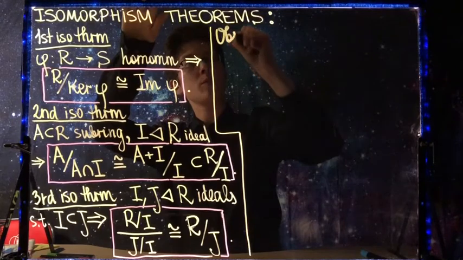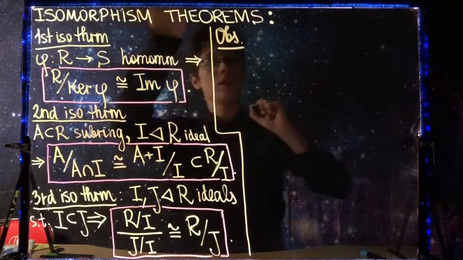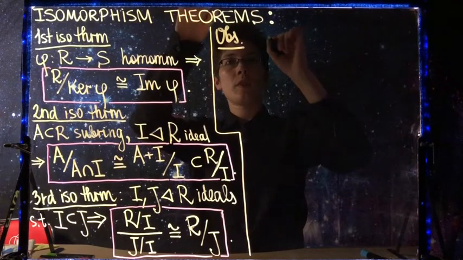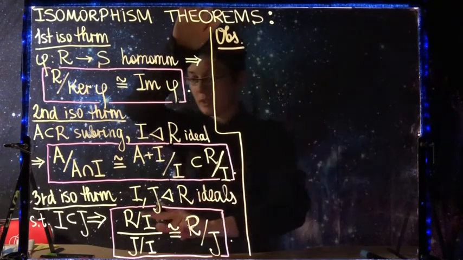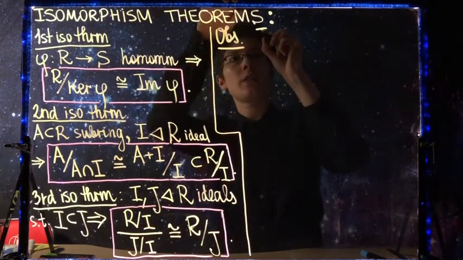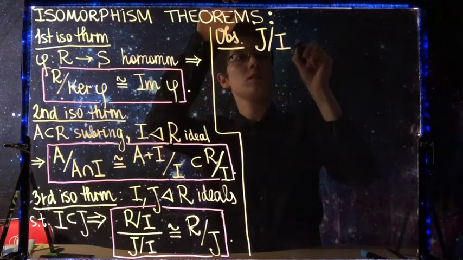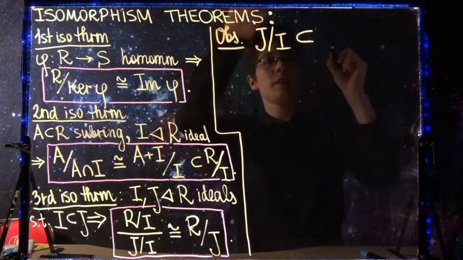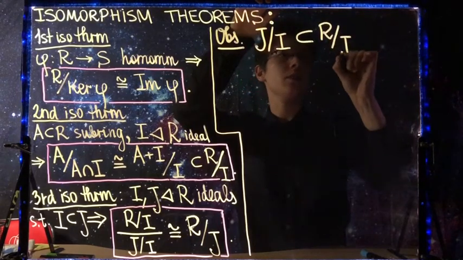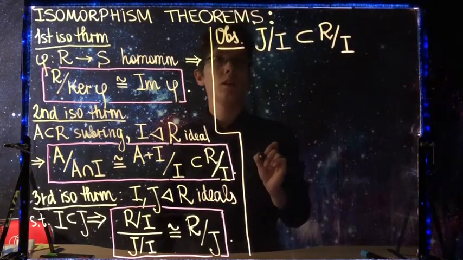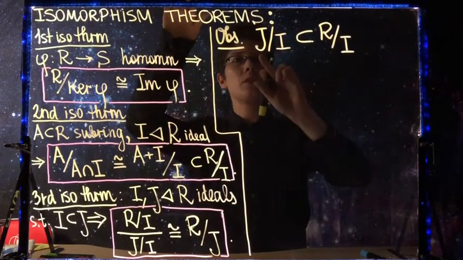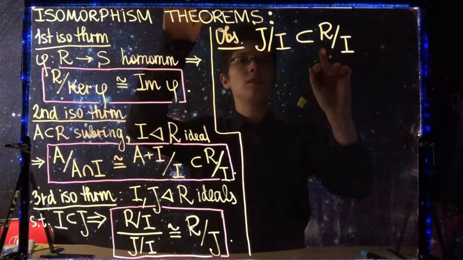So I want to make an observation that from group theory, treating I, J, and R as abelian groups, we have that J mod I is an abelian subgroup of R mod I. But being that, we can also prove that this is an ideal.